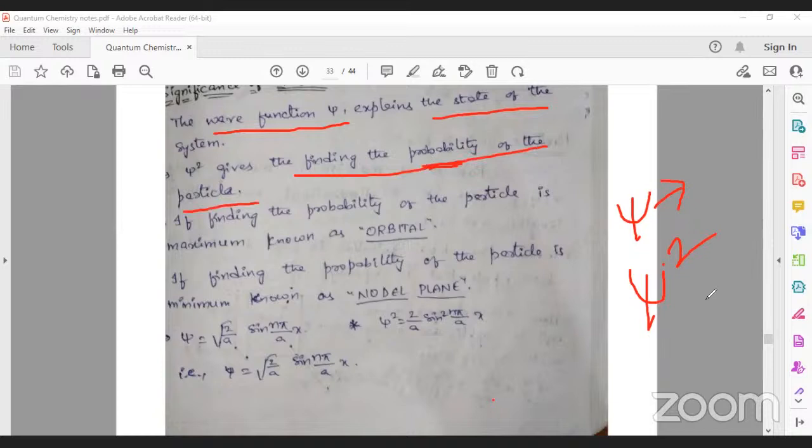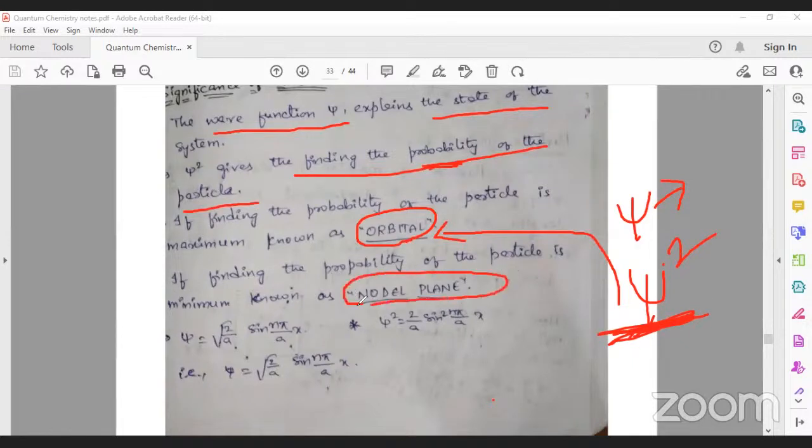After getting psi, we do psi square. If this psi square becomes maximum, that is known as an orbital. Based on the value of psi square, we can explain whether it is an orbital or not. If the psi square value becomes minimum, that becomes a nodal plane.